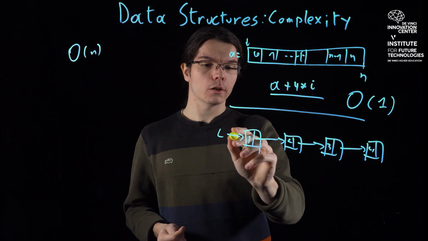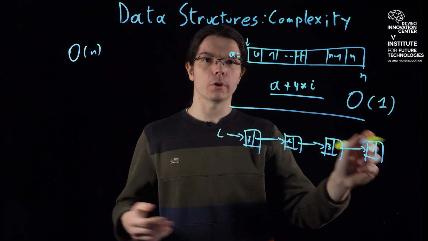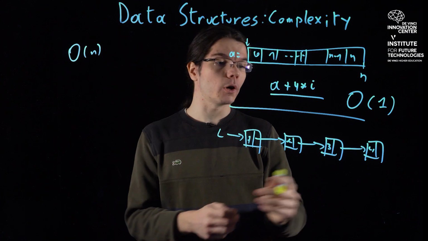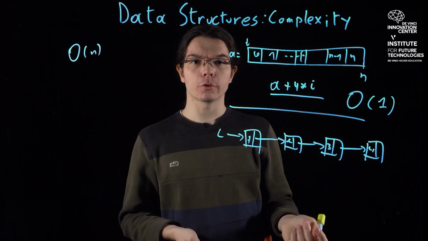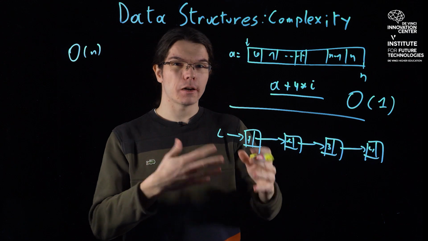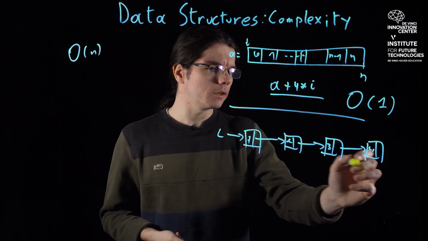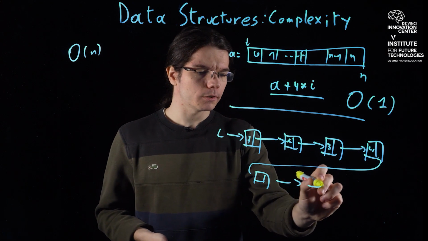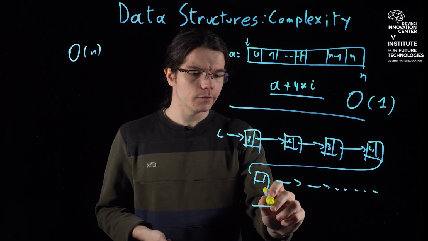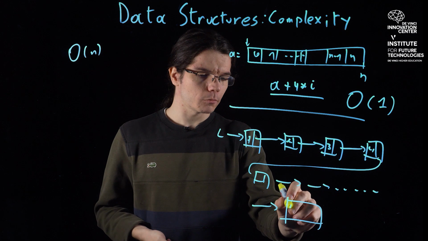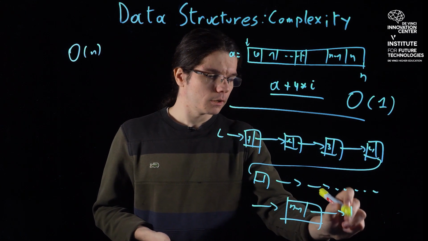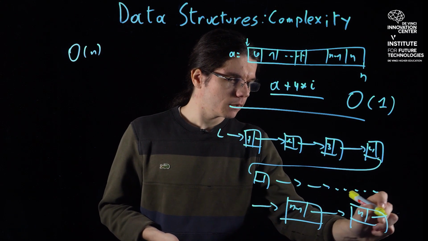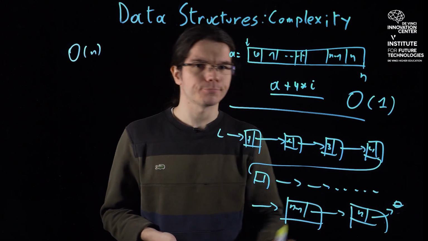Well, it's going to take 1, 2, 3, and 4, etc. So to go to the index number I is going to take a long time. And if you have a linked list which is quite longer than that, and goes on and on until we get to index number n minus 1 and n, and then nothing.